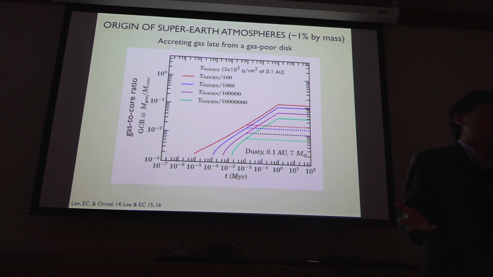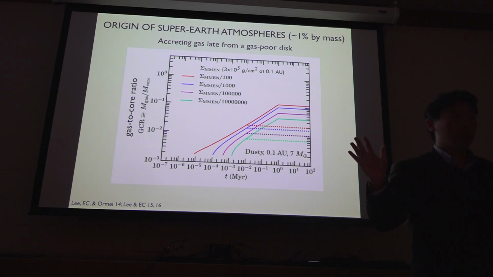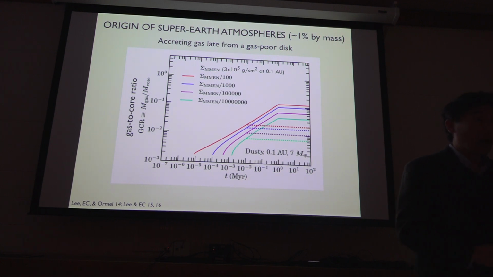And people see that. Inside of 0.1 AU, they're still super Earths, they're just small, they've lost their atmospheres. But outside of 0.1 AU, they've retained them. So we can do the calculation everywhere, 0.1 to 1. Yeah, I'll show it.